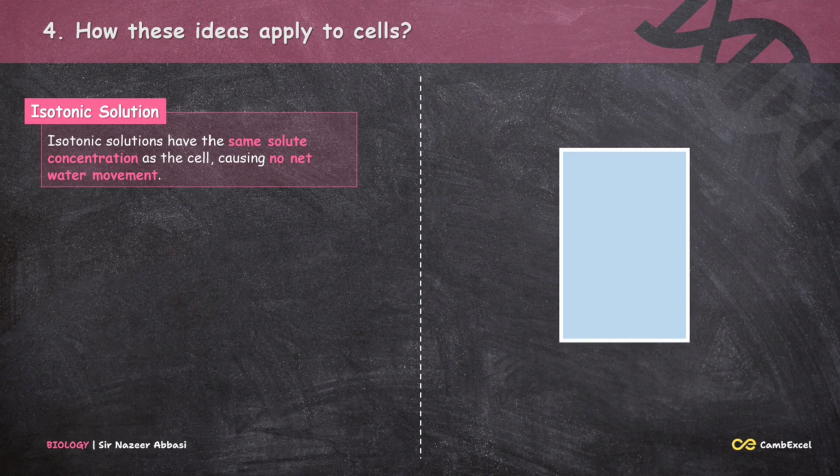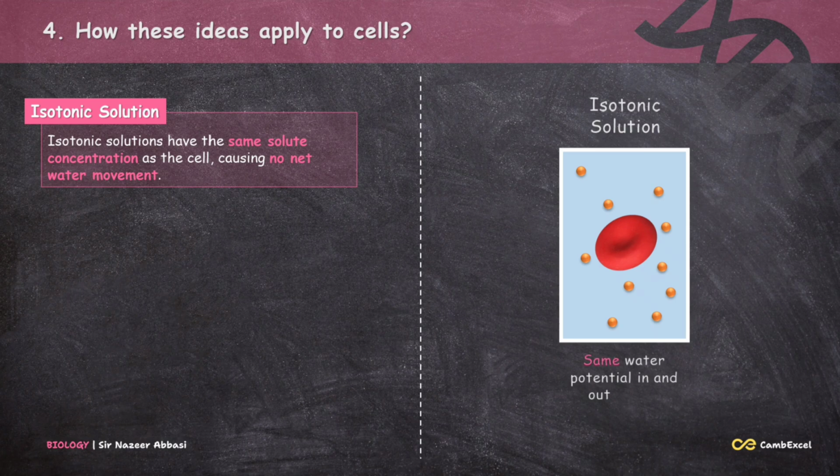Let's imagine a situation that we have a solution and we place a red blood cell in that solution. Now this solution is an isotonic solution. It has the same water potential in and out of the cell. So the amount of water entering this red blood cell and the amount of water leaving the red blood cell would be the same. So there will be no apparent effect of water movement in the isotonic solutions.